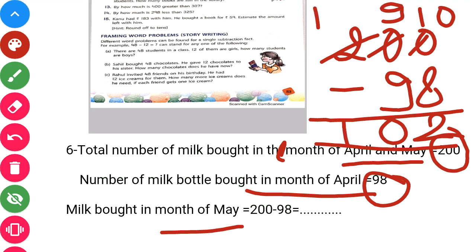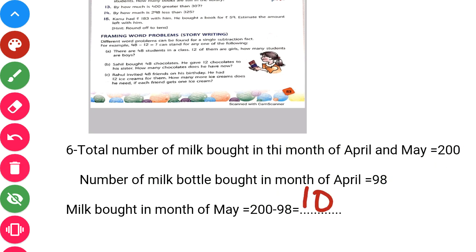So our answer will be 102. 200 minus 98 will give us 102. So 102 milk bottles were bought in the month of May.